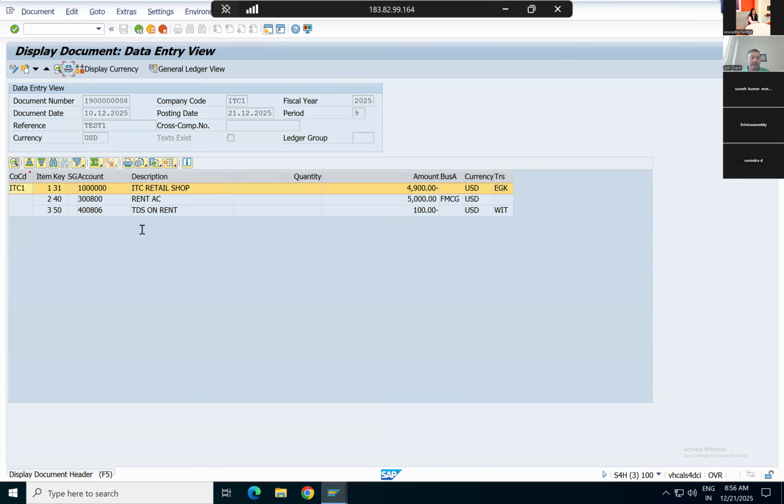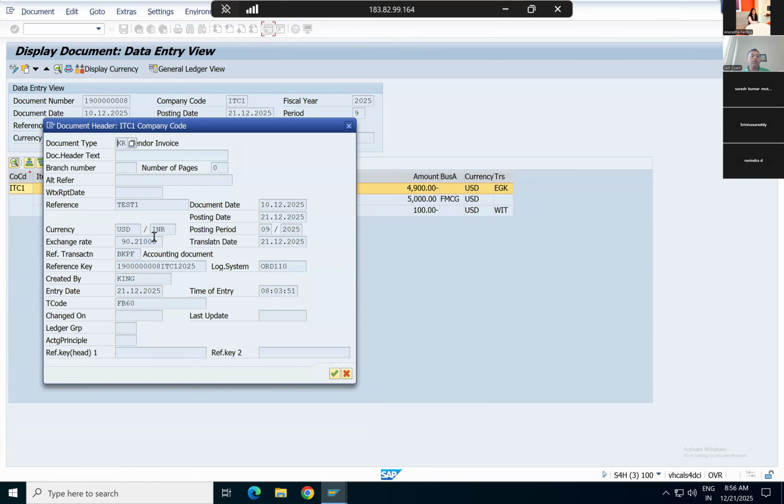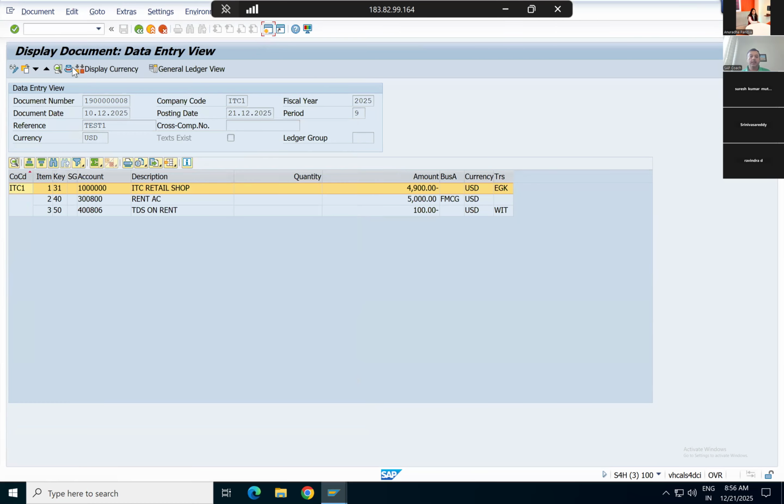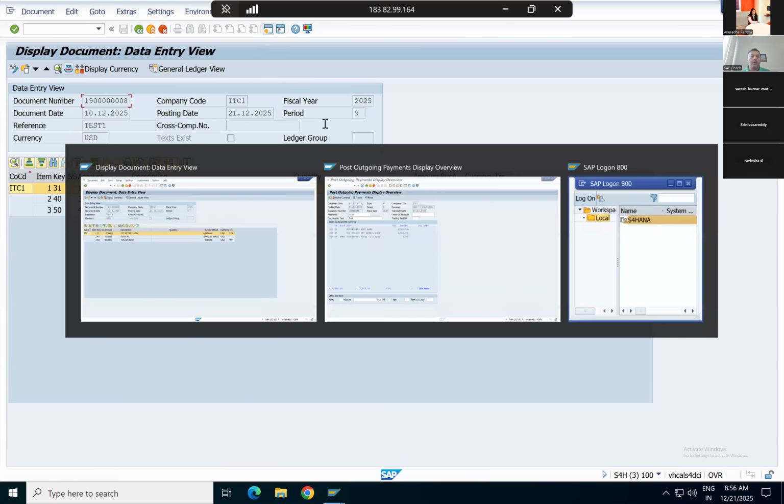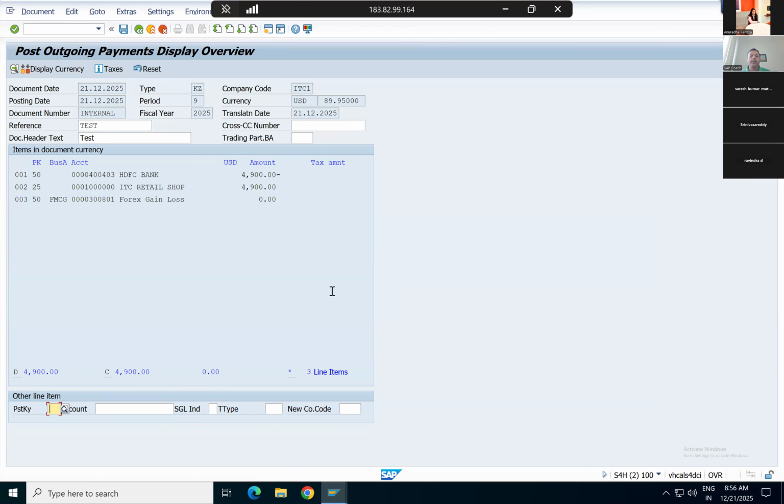So this entry happened at 90.21. Fine. But now I am making the payment at 89.95. So let me do a calculation. It's a gain for me because when I booked the expense, it was 90.21, but now when I'm making the payment, it is 89.95.